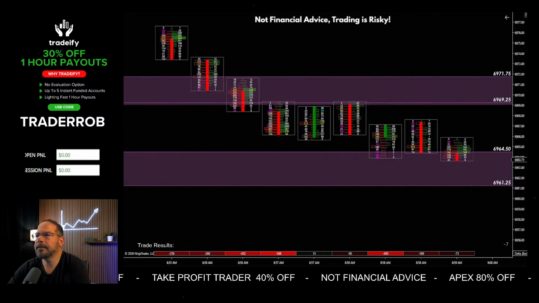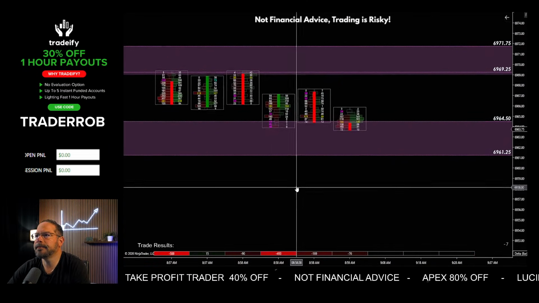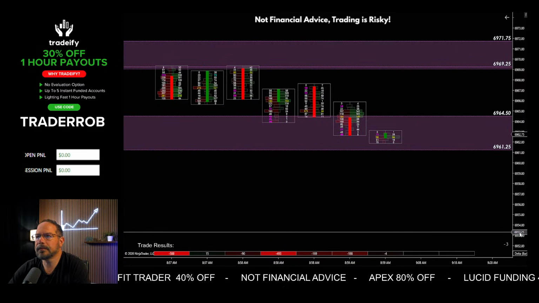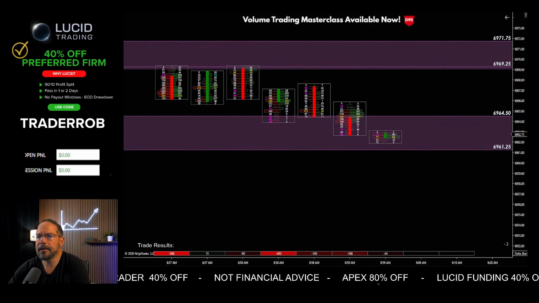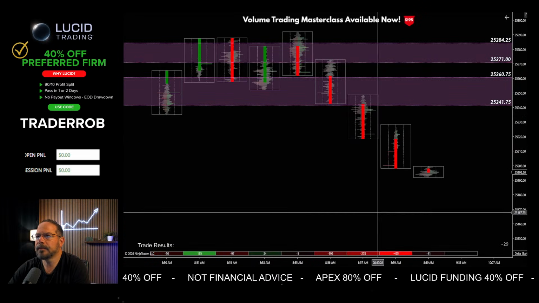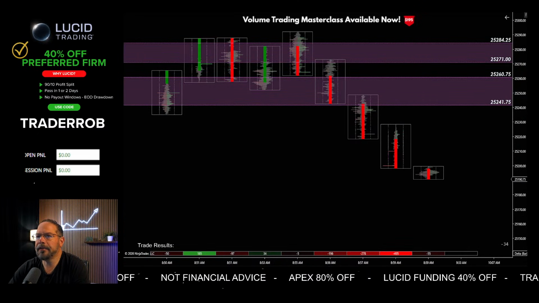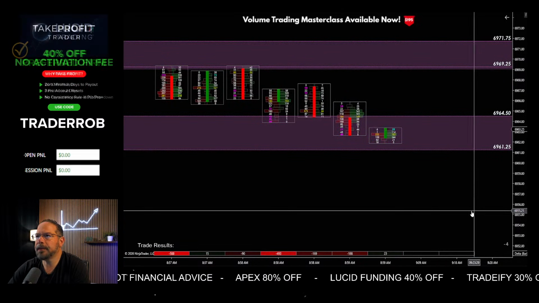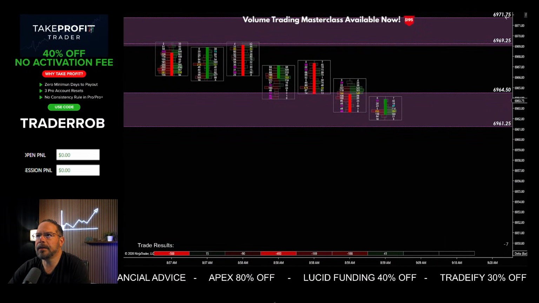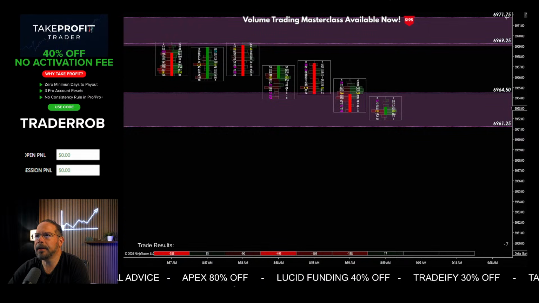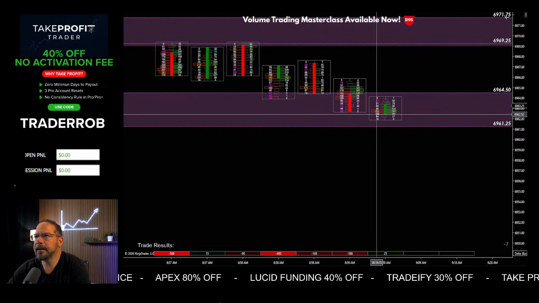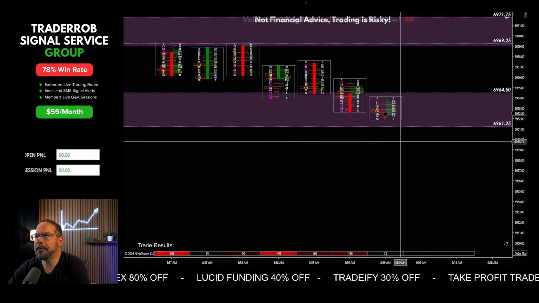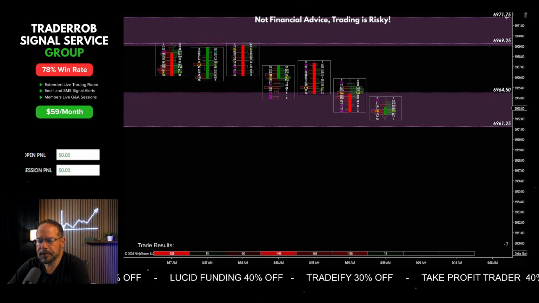All right, so the ES looks like it's dipping back in here. Strong delta here. 400, negative 495. Just stay patient. Let's wait for a setup that we've got the best probability on. Now, granted, if this was to close red here with positive delta, I would absolutely be looking for a short.